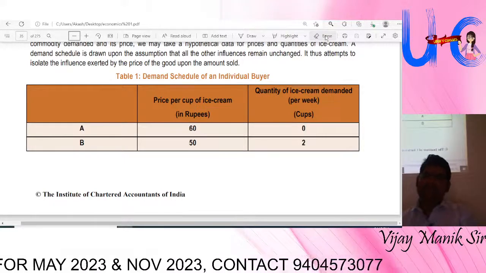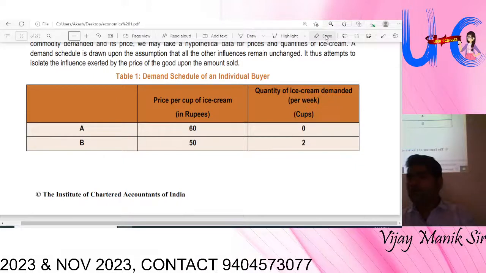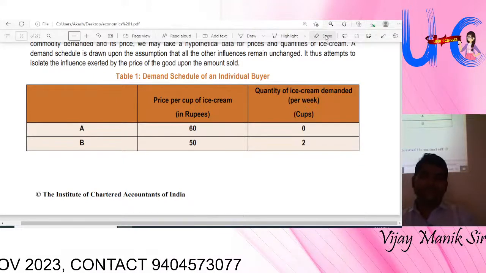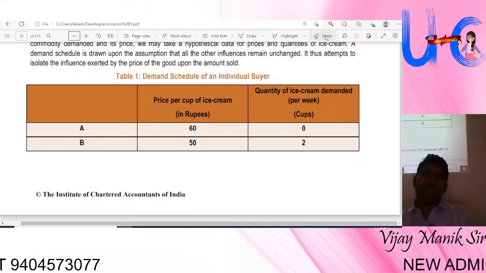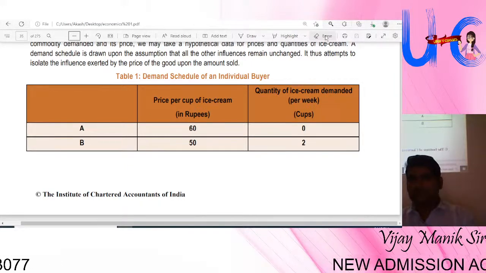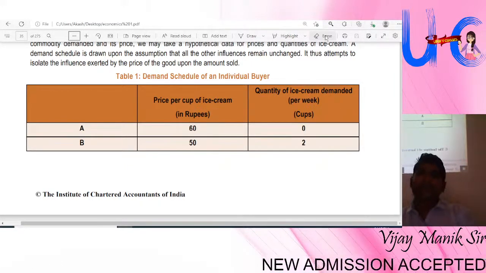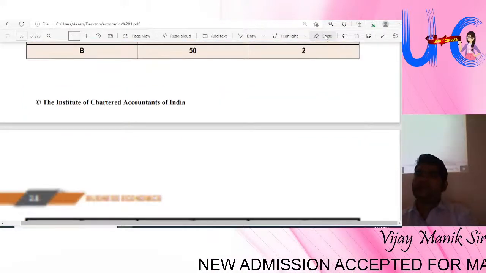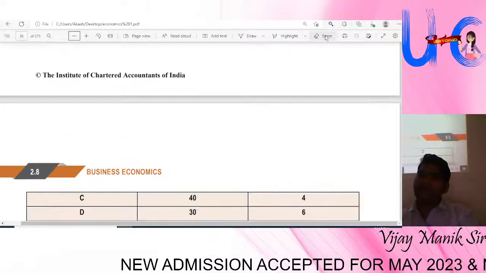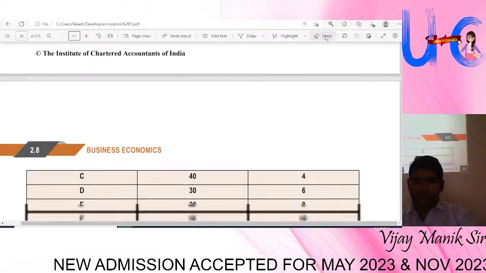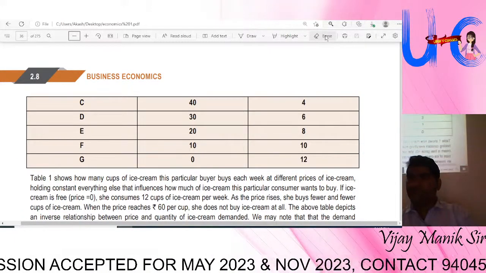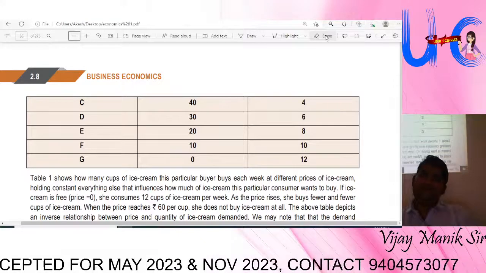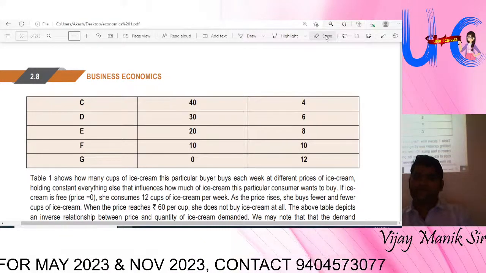When the price of the ice cream was 60 rupees, then demand was 0. When the price reduces, it is now 50 rupees, then demand has increased to 2. Then it reduces to 40 rupees, then demand is double from earlier.